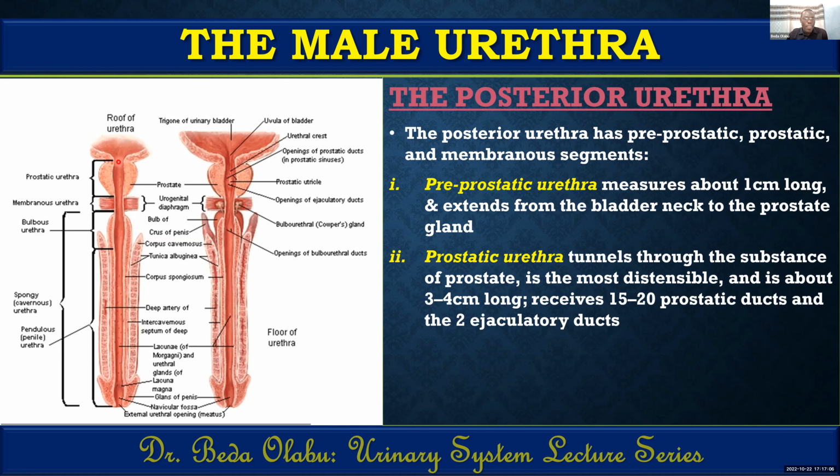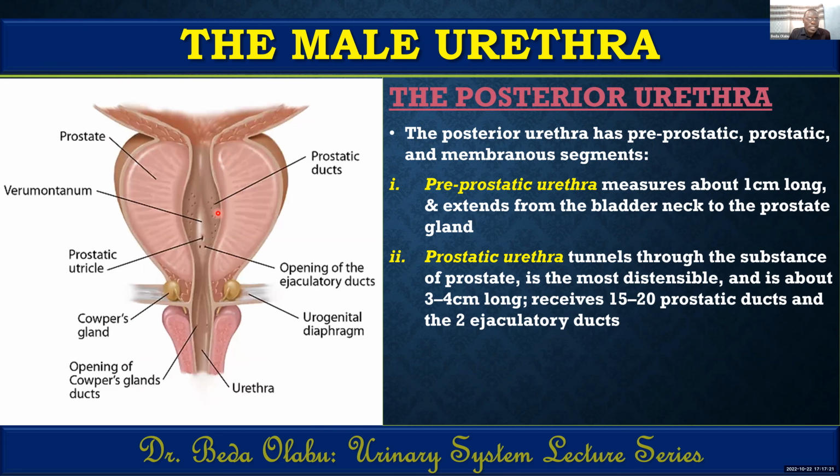So this is the prostatic urethra there. This is the membranous urethra. The preprostatic urethra is somewhere in that region. In this image, we see multiple openings of the prostatic ducts into the prostatic urethra.